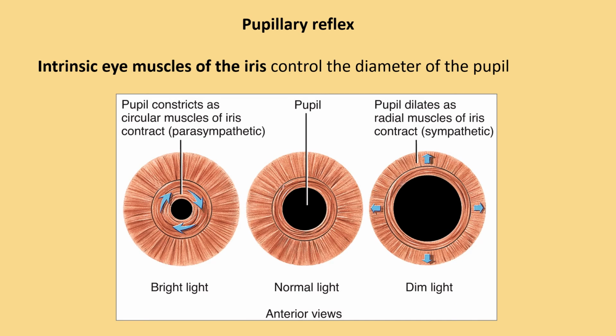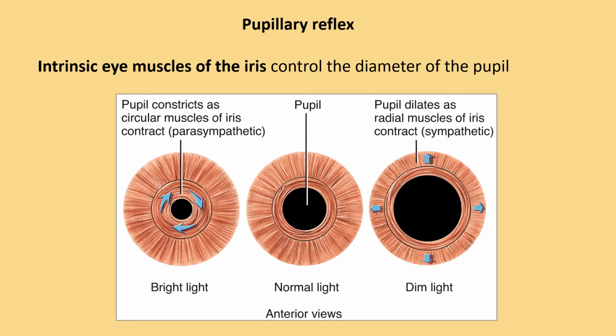All right, the pupillary reflex, you can observe this right now. You can go and look in a mirror, and then if you change the lighting conditions, you will see the diameter of your pupil increase or decrease. In low light conditions, the diameter of the pupil automatically increases. It expands in order to allow more light in.